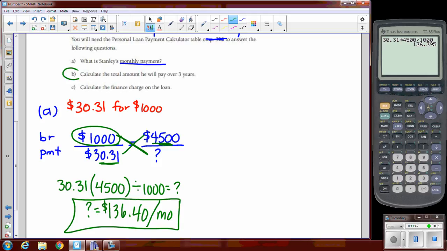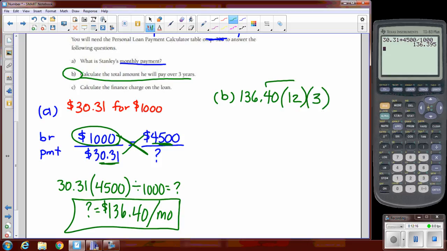Question B now says, calculate the total amount he'll pay over 3 years. So for B, what we do know is that he's paying the bank $136.40 every month. And we want to figure out how much he is going to pay for the 3 years that he's borrowing it. So if this is every month, I'm going to multiply it by 12 months to tell me how much he pays in a year, and then multiply that by the 3 years.